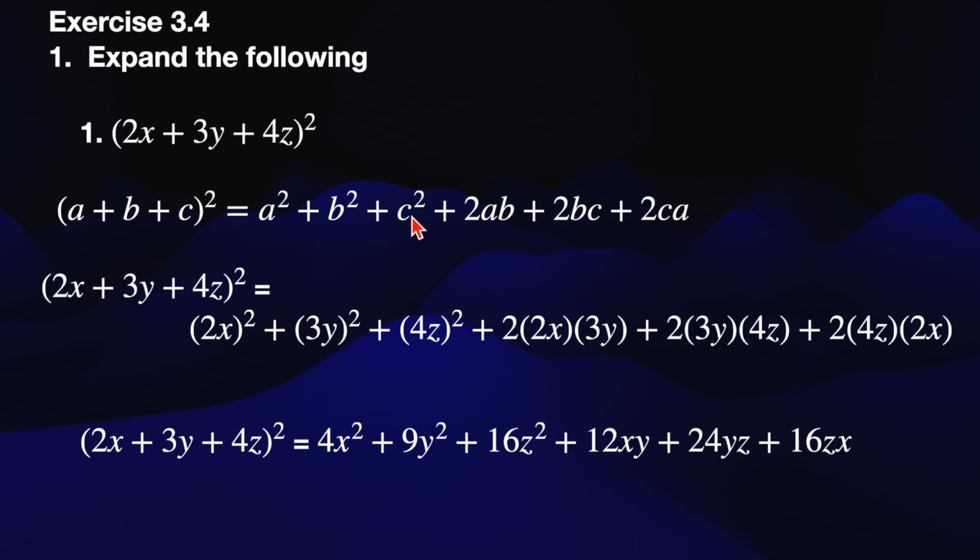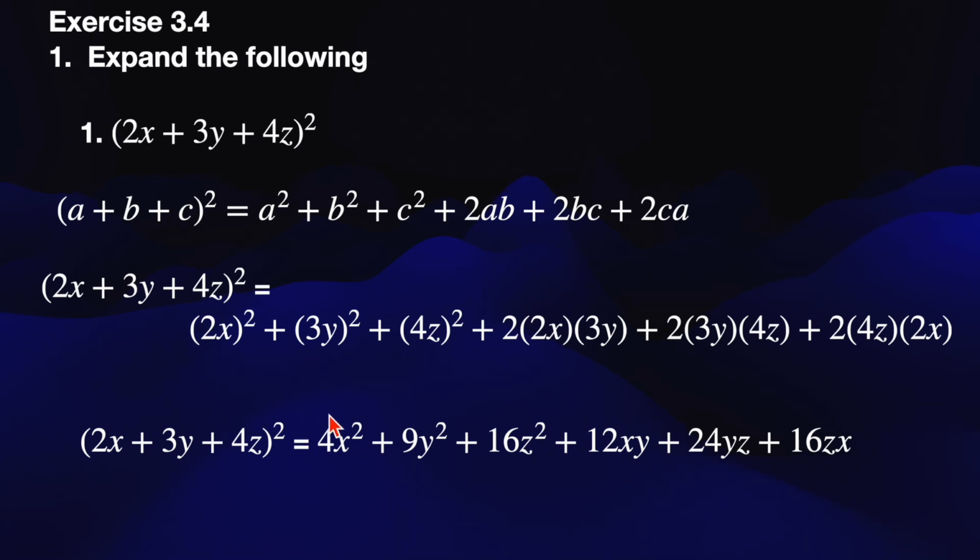In place of c we are going to write 4z. Here also plus 2a, a is 2x, b is 3y, plus 2 into bc. So this is b, this is c, and this is c, and this is a. So here in this general formula you have written down, substitute the values with the given values.